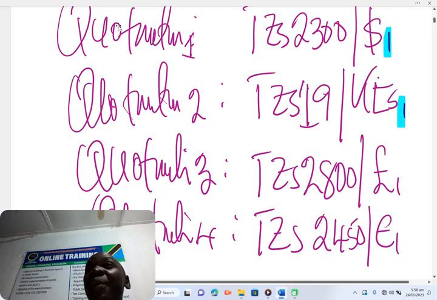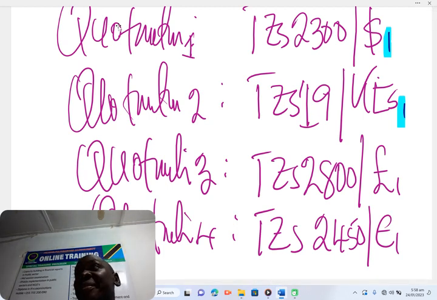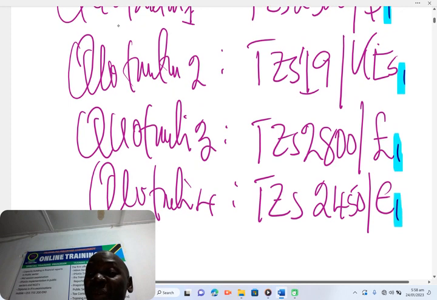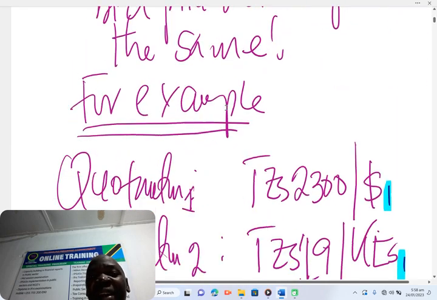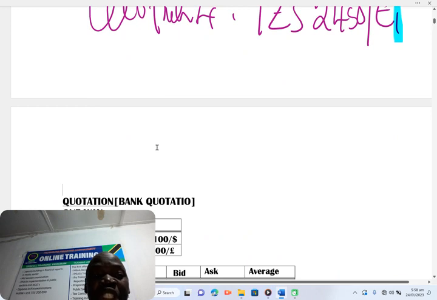In quotation 2, what is a trading currency? How about quotation 3? How about quotation 4? Euro. That is very important. So this is what we call a one-way quotation. Do you see?